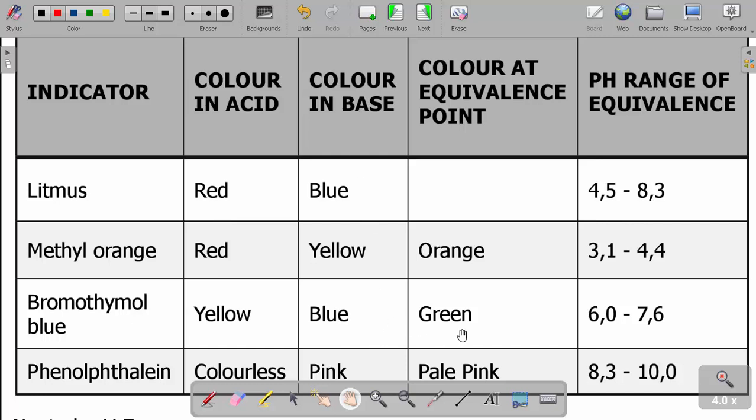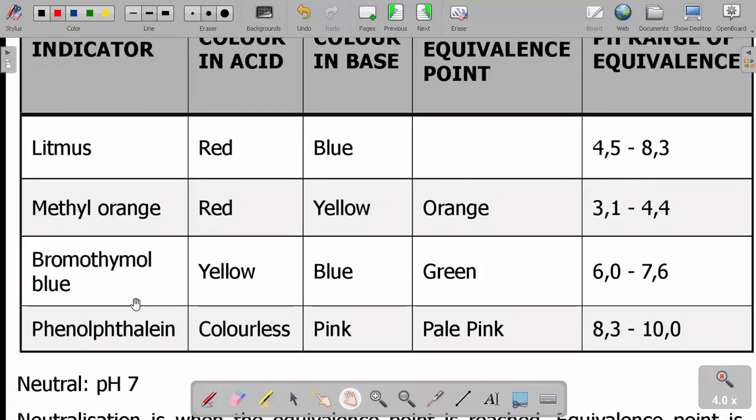And then at equivalence point, it turns green, and the pH range is from 6,0 to 7,6. And then lastly, we have what we call the phenolphthalein indicator. Phenolphthalein indicator is colorless. It's a clear solution, just like the clear water which you drink.